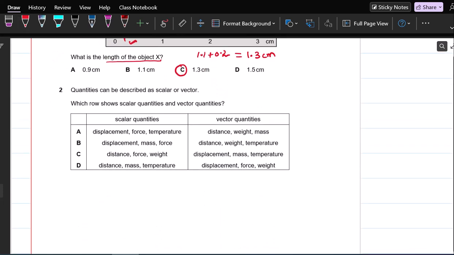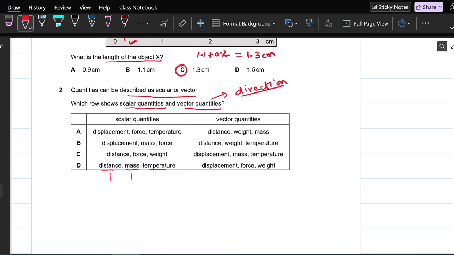Moving to next question. Quantities can be described as scalar or vector. Which row shows scalar quantities and vector quantities? You know, a vector has direction as well. Both quantities have magnitude, but a vector also has direction. So distance, mass, and temperature are the scalar quantities.